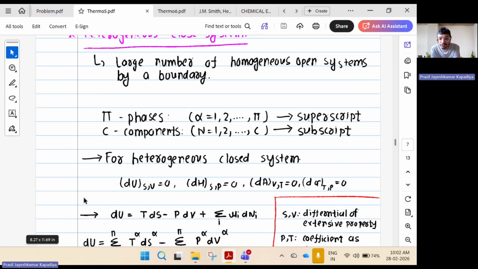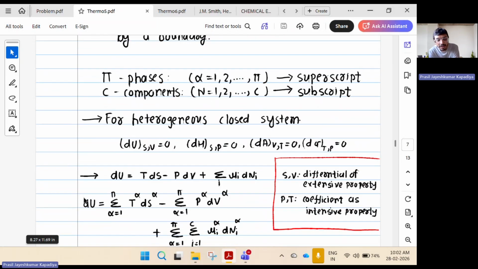Now, to derive this Gibbs phase rule, we use this particular relation: dU is equal to TdS minus PdV plus summation i is equal to 1 to n mu i dn i. So why is this particular relation chosen? This phase rule was derived by Gibbs, and he chose this dU is equal to TdS minus PdV plus mu i dn i relation.